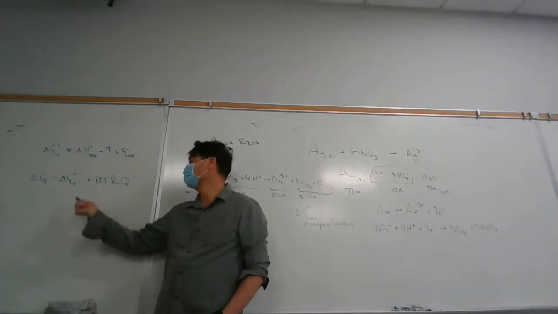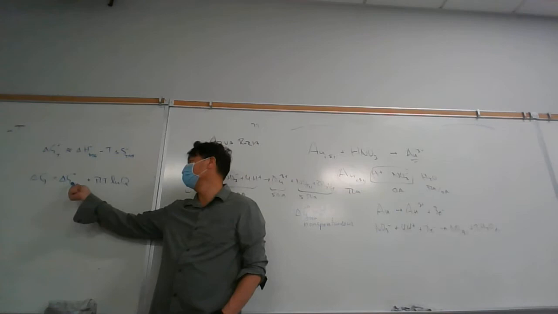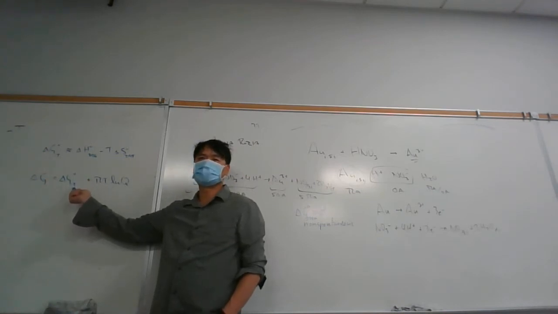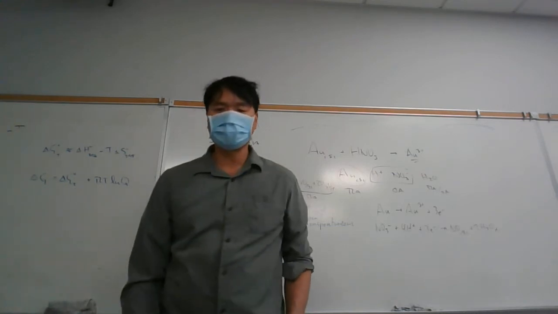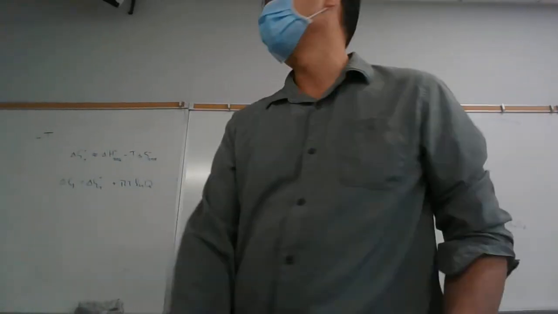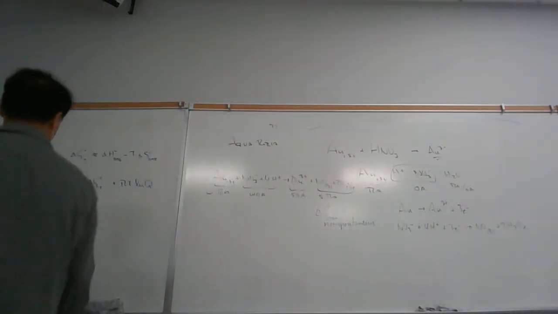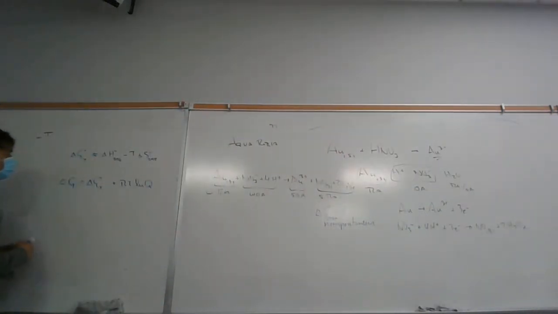But there's a problem here: this delta G under standard conditions, we usually calculate that at what temperature? At 298. Now, if we're not at 298, then we don't know what that delta G is, unless we do this. So this is another, rather than having this delta G, which is typically at 298, we'll substitute what for that?